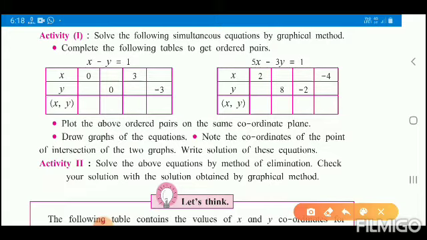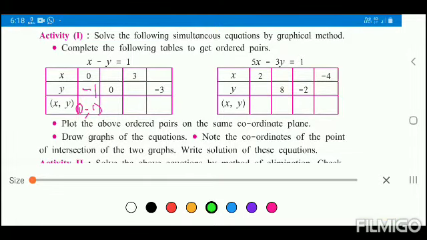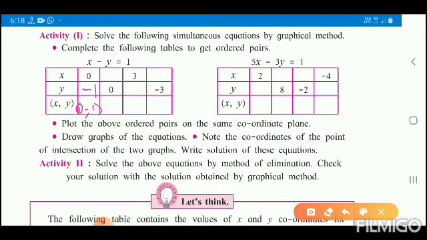It will be negative 1. So the coordinates are (0, negative 1). Now next, if y is 0, then x will be 1. So the coordinates are (1, 0).